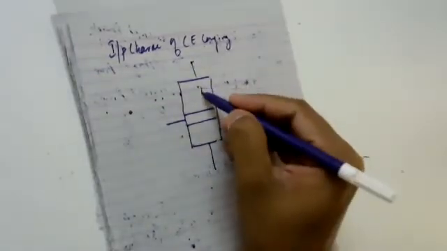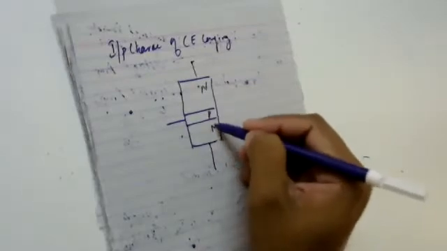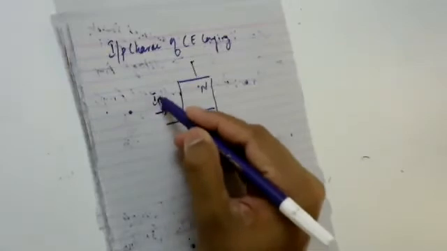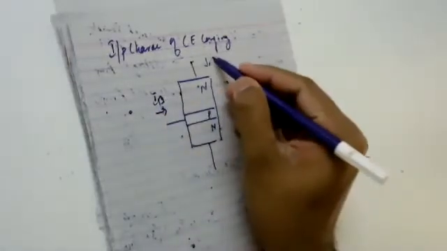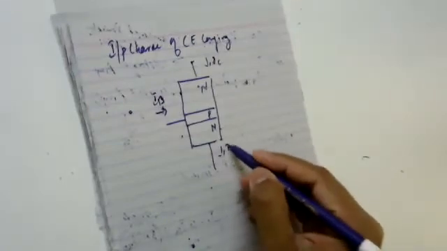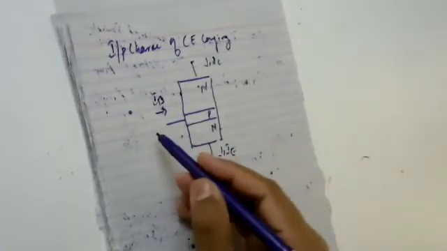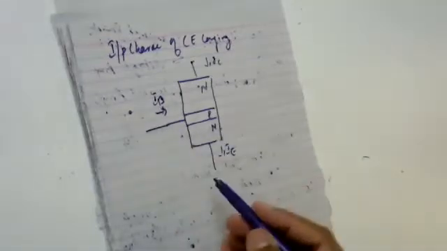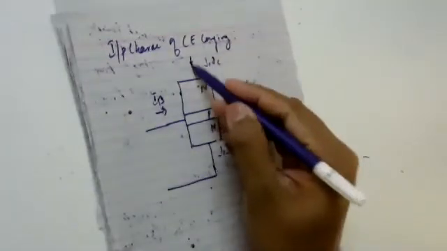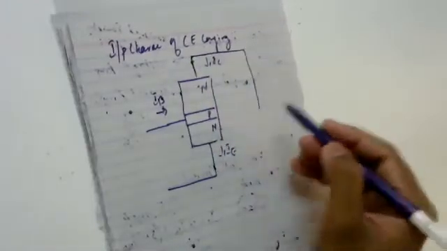This is N, P, N. This is the base current IB. This is the collector current IC. Am I right? And this is the emitter current IE. And I want to bias this particular transistor.